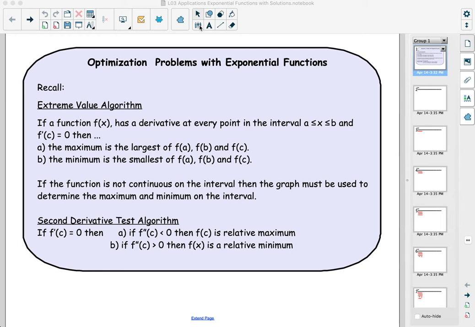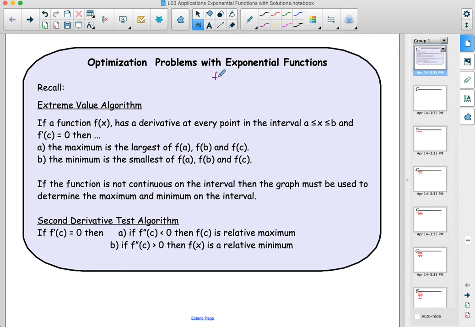So in the extreme value algorithm, we do need to know what the function is. And so you will be given f of x. You will have your domain a less than or equal to x, less than or equal to b. And the extreme value algorithm says that the absolute max of this particular function is either going to occur on the endpoints of the domain, a and b, or wherever f prime at c is 0, because that's the location of your local extrema.